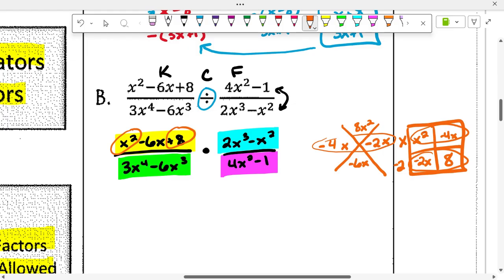I think I've told you all that like 20 times now. What about the first column? X. Second column, negative 4. So my two factors for this top one are x minus 2 times x minus 4.